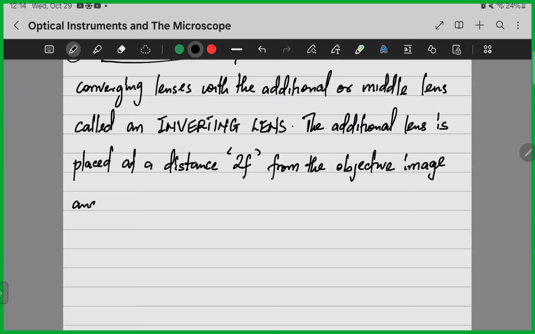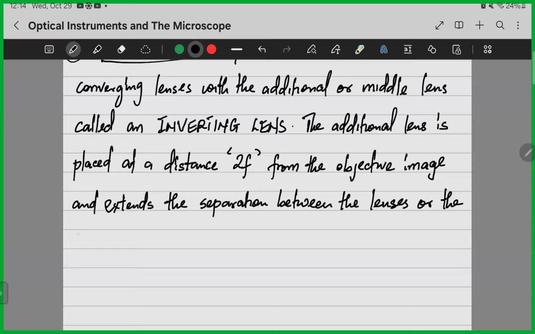And it extends the separation between the lenses, or the length of the telescope, by 4F. So take note of that.